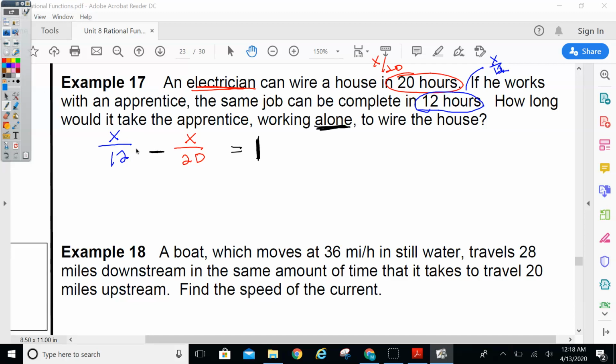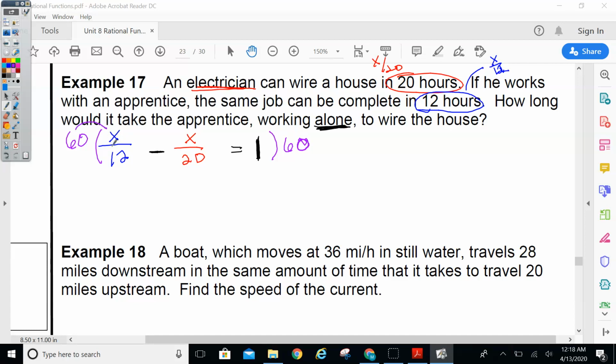So between 12 and 20, what is my least common multiple? So 12, 24, 36, 48, 60. So I want to make both of these 60. Let's do least common multiple, or clearing the denominator. Multiply everything by 60.